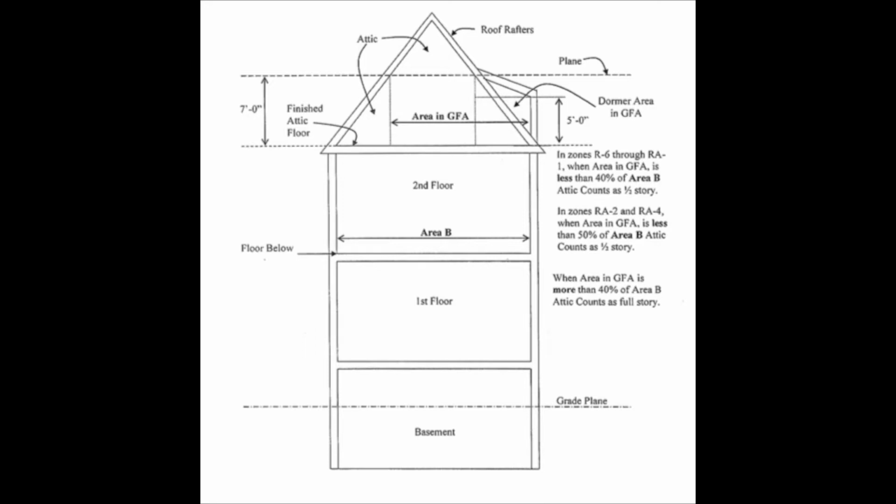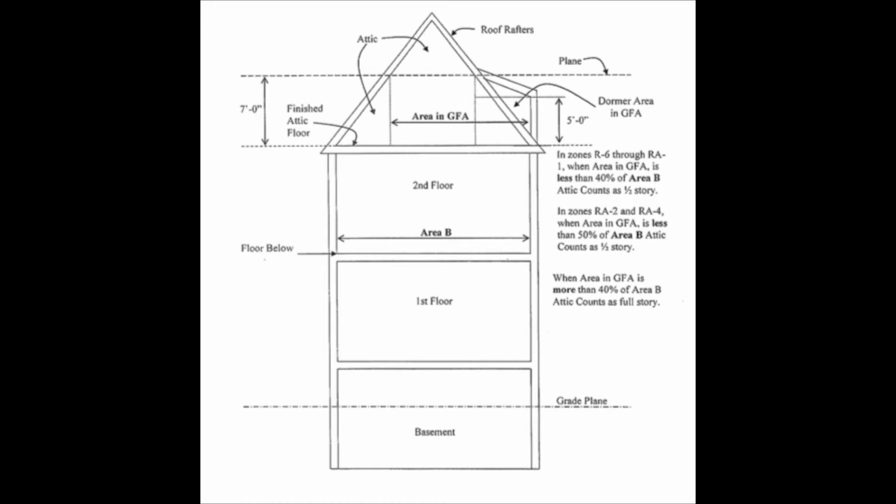If the area at those heights is less than the required percentage, that 40 or 50%, you don't have to count any area in the attic and it is considered a half story. If these areas exceed the maximum percentage allowed, you would then have to count the entire gross floor area of the attic out to the plate.